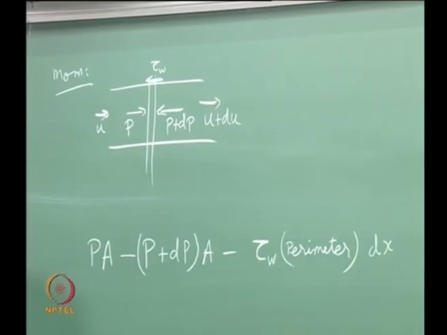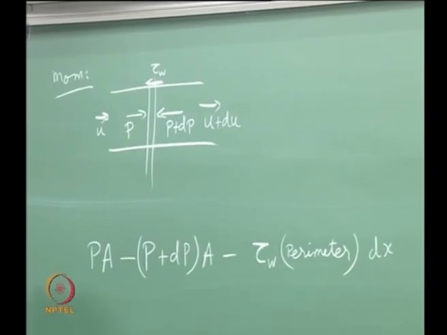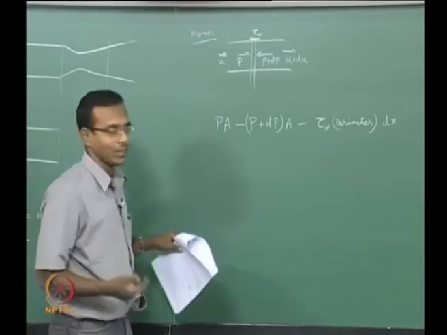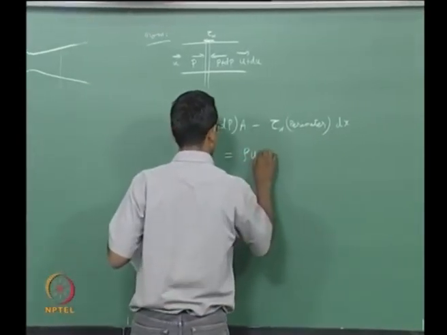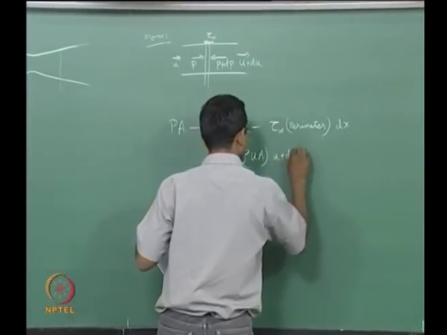Now, this is going to cause the net acceleration. I know my mass flow rate is constant. So, the acceleration is going to be mass flow rate times the velocity. I can think of that as one way of looking at momentum. So, I can now say this is equal to rho uA into u plus du.